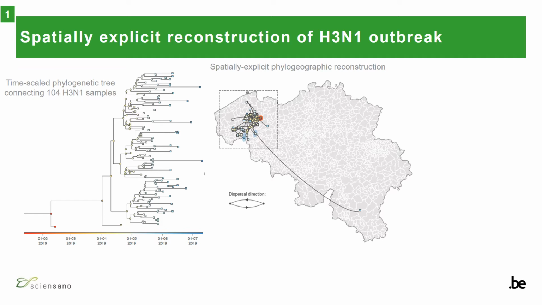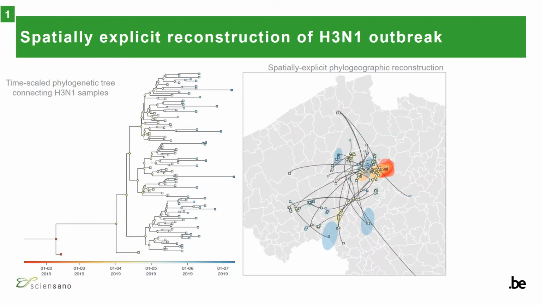And allow me to zoom in to the densely populated poultry area. So now looking at the densely populated poultry area, we can see the origin region here in red and spread mostly in this direction to affect the whole of the densely populated poultry area.